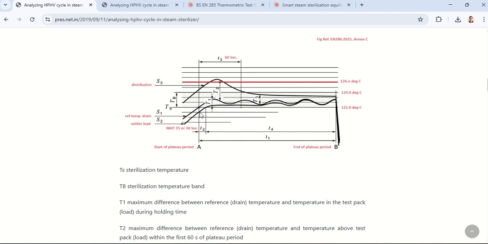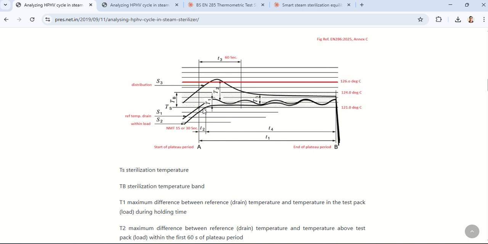This line represents your holding time, the set point of your sterilization. You see S1 arrives quite early here, but the sensor within the load is delayed, and it comes up after a few seconds or minutes. This timing is shown as T2.